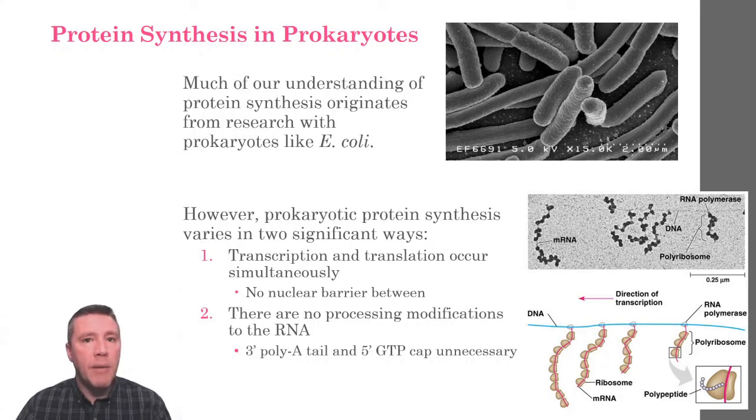The lack of RNA processing also means that the structure of prokaryotic genes lacks introns. The sequence of DNA nucleotides is transcribed directly into a functionally mature messenger RNA. Prokaryotic DNA is exon only.